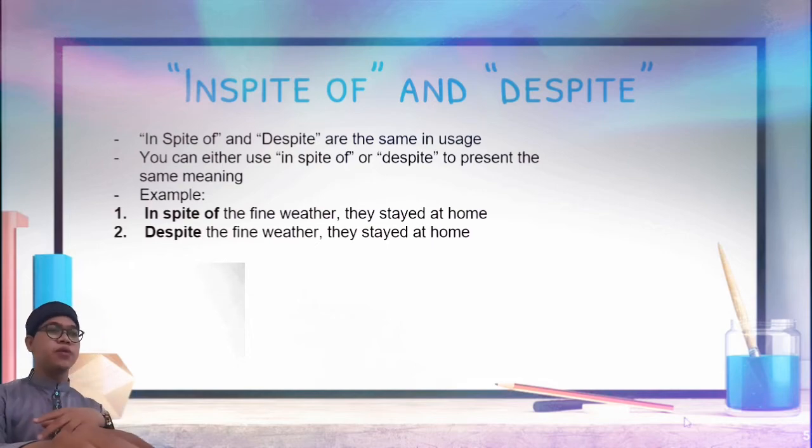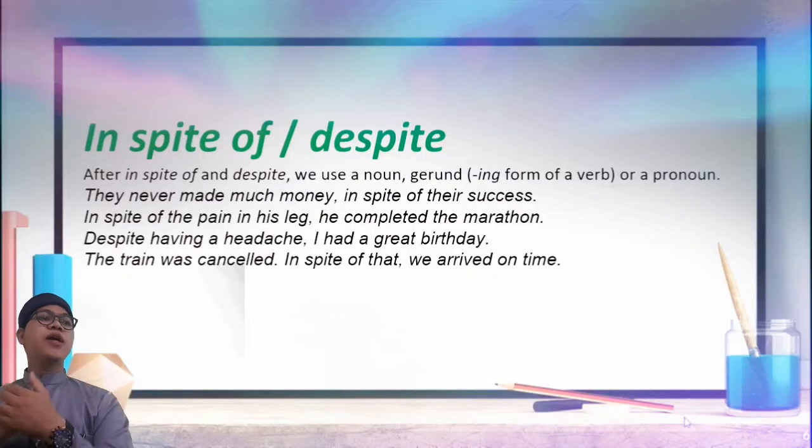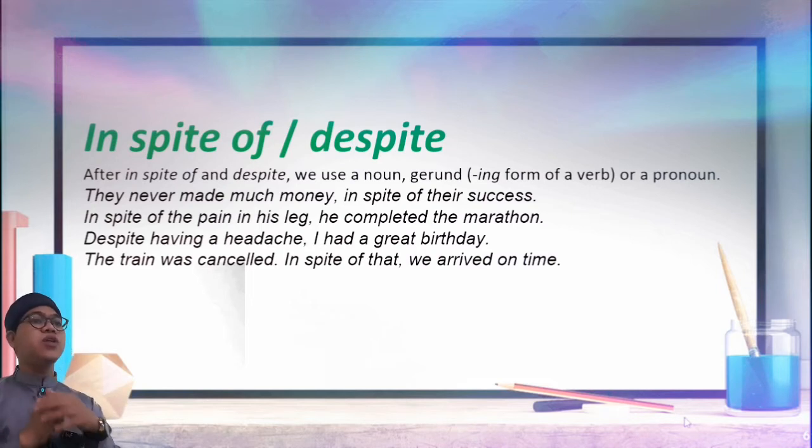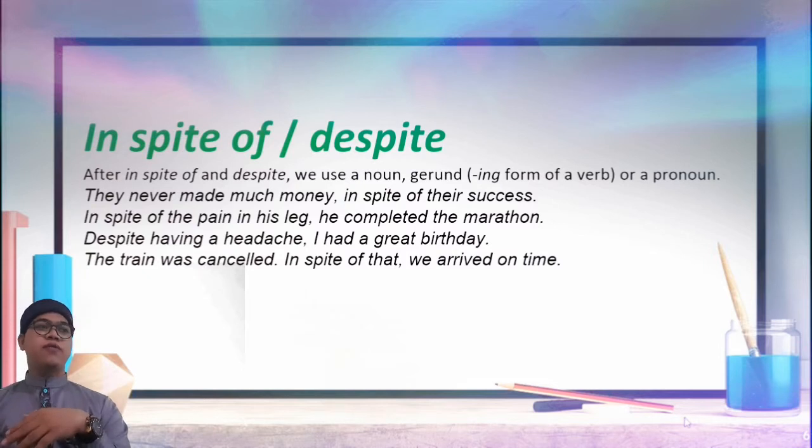Now we move to in spite of and despite of. After in spite of and despite, we use a noun, gerund, verb-ing, or pronoun. For example: they never made much money, in spite of their success.